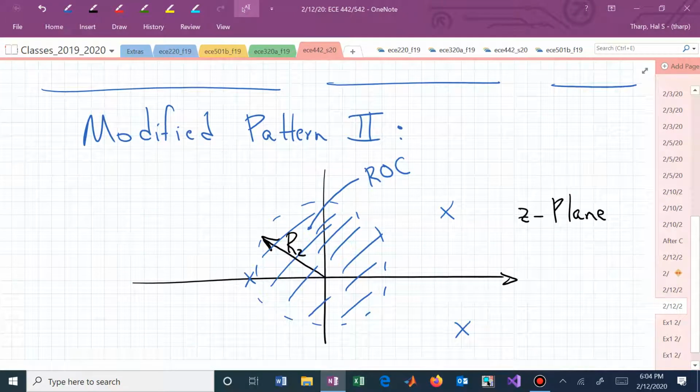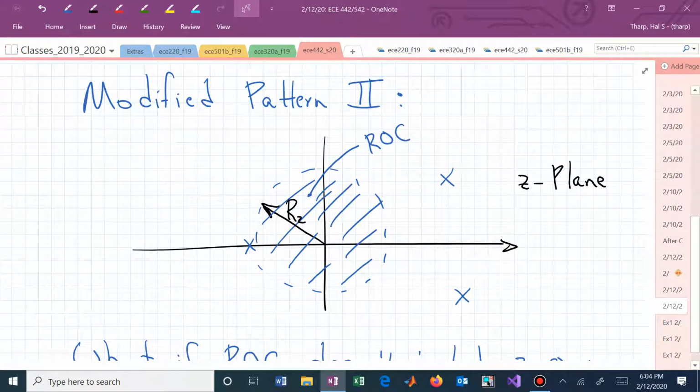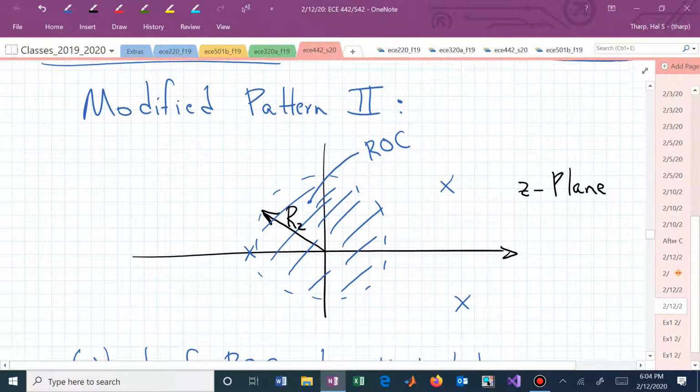Modified pattern 2. How can we modify this pattern?